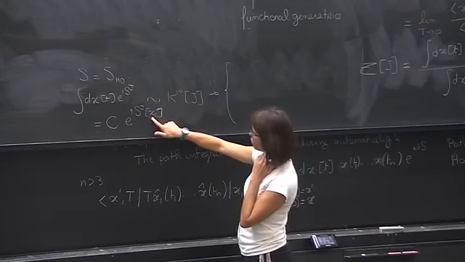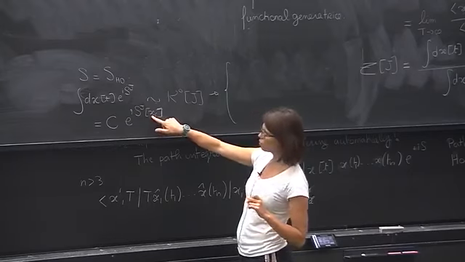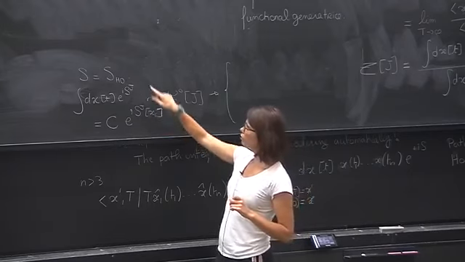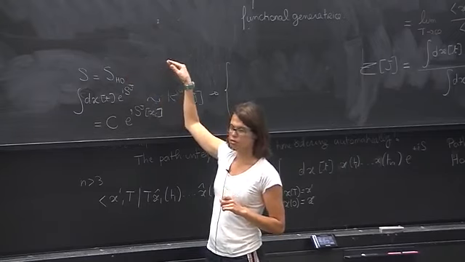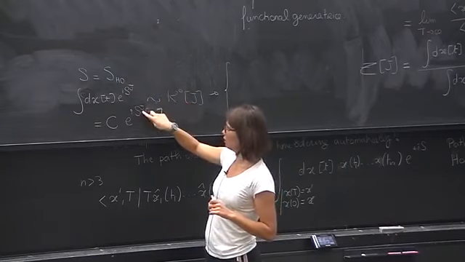And again, you're going to look at the equation of motion. So here you're going to get the equation of motion for the harmonic oscillator equal to, not 0, but equal to J now.